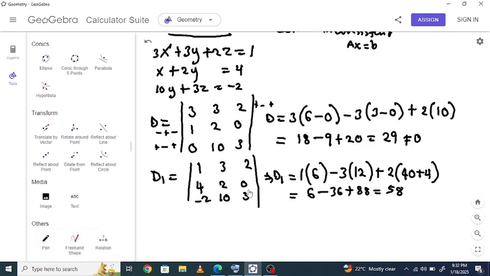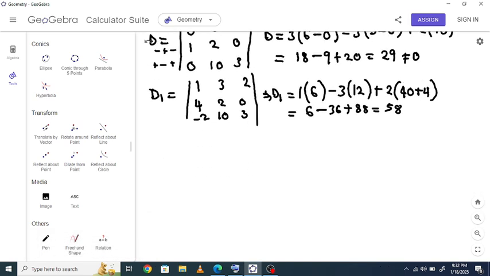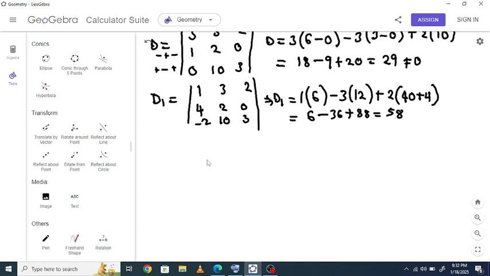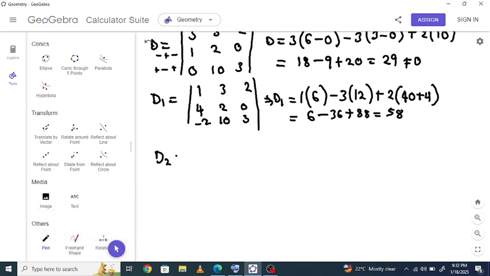We will go ahead and find D2. For D2 we use the same procedure. D2 is equal to, we're going to have 3, 1, 0. The values of B will be put in the second column. We will have 4, negative 2, and then 2, 0, 3.